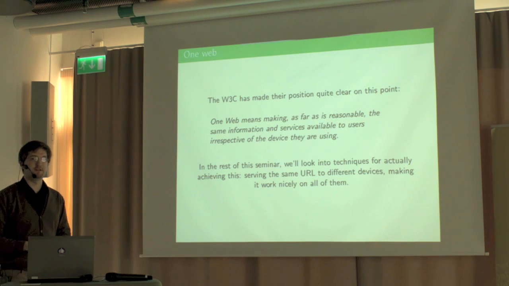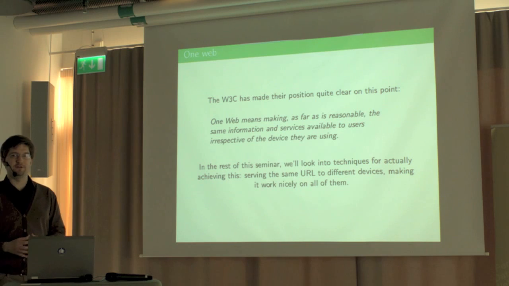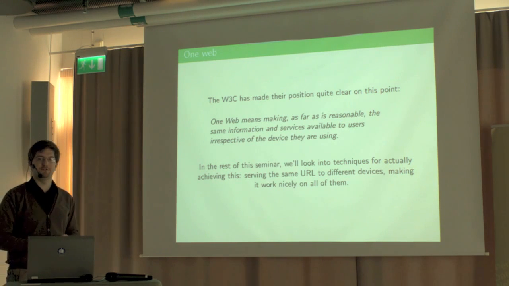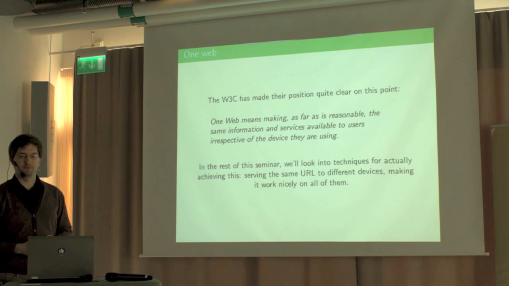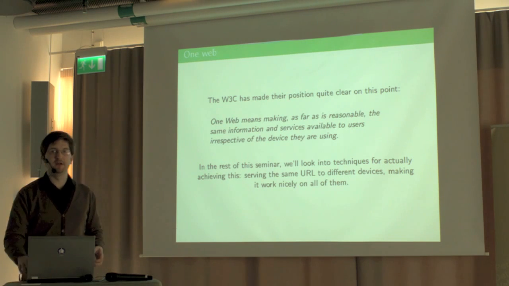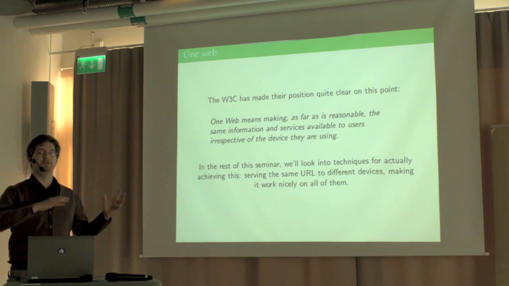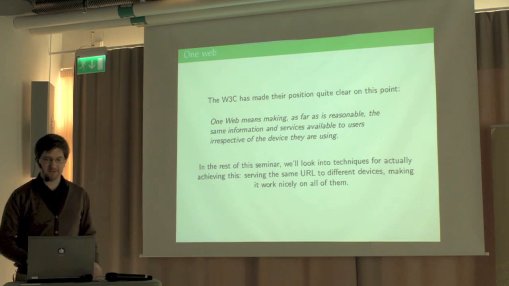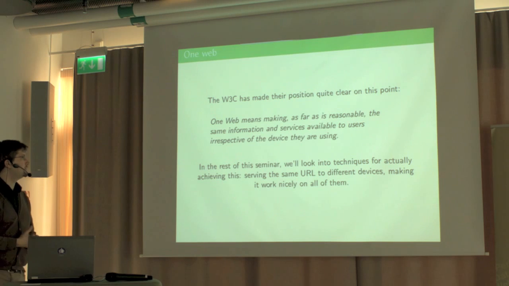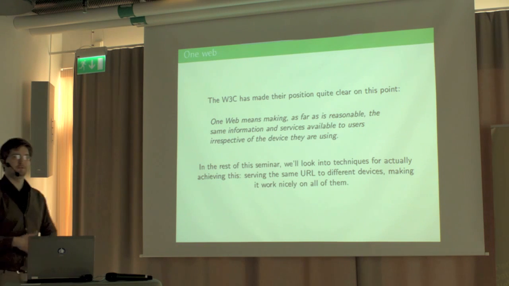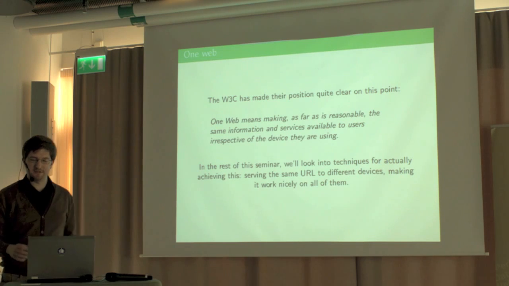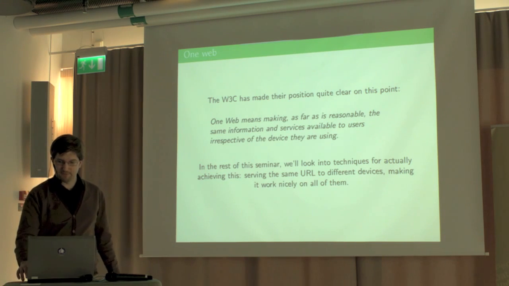It can present the same information in many different ways, and you're not supposed to get less information just because you're surfing on a small phone or a tablet or something. You're just supposed to get it in a different, more easily accessible form. And basically in the rest of this talk, we'll look at techniques for achieving this, for still presenting the same thing, but maybe shuffling it around a bit and making it more accessible.